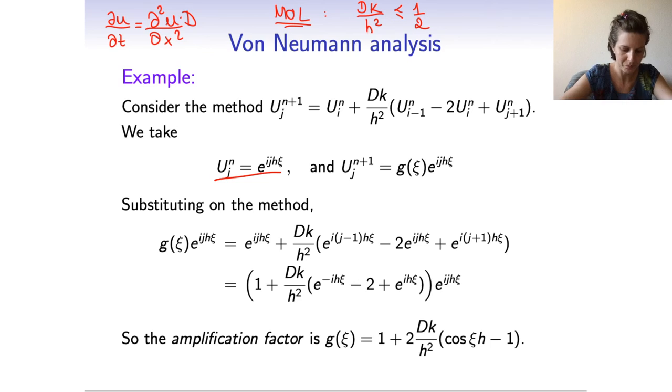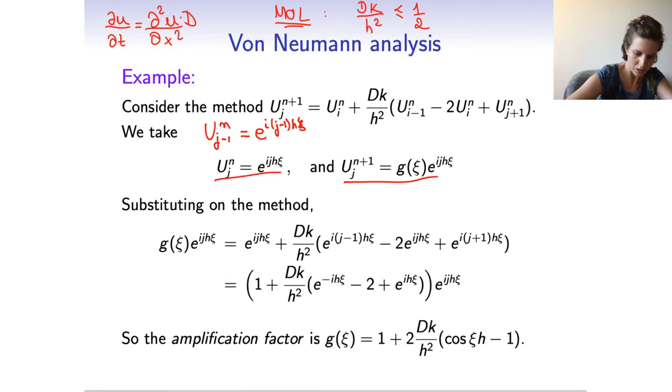So we have this, and we also have this, and we just remember also that u_{j-1} at the time n will be equal to e^{i(j-1)h psi}, and also for j plus 1 it will be something like this, and then we get all of this, substituting the method here.